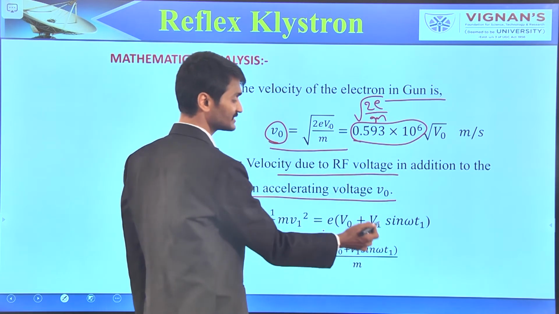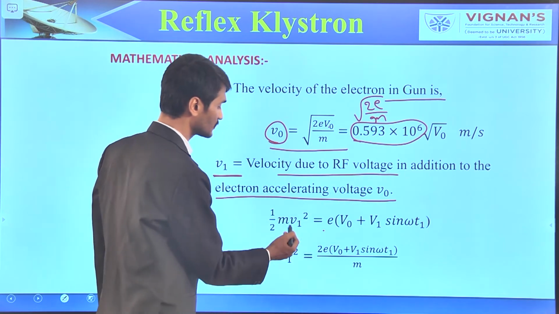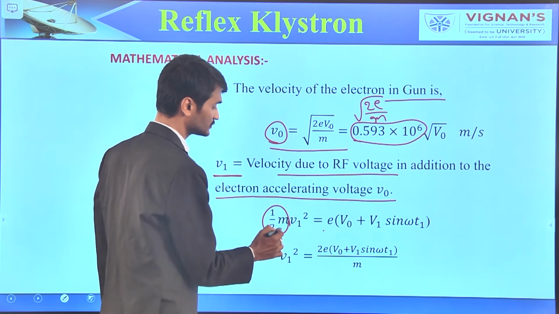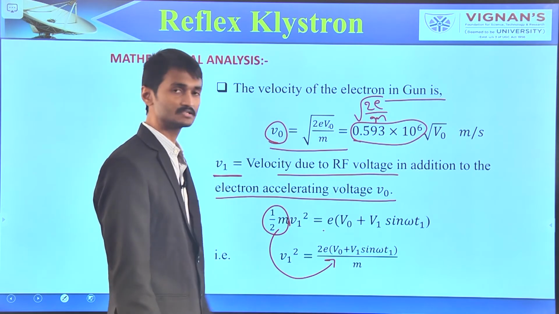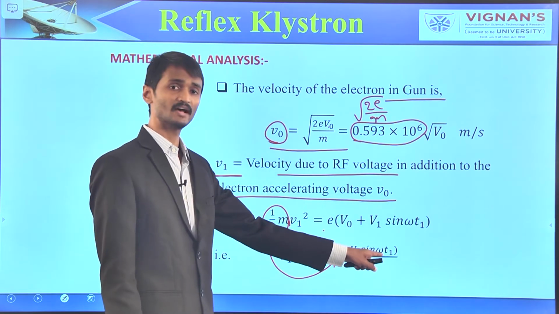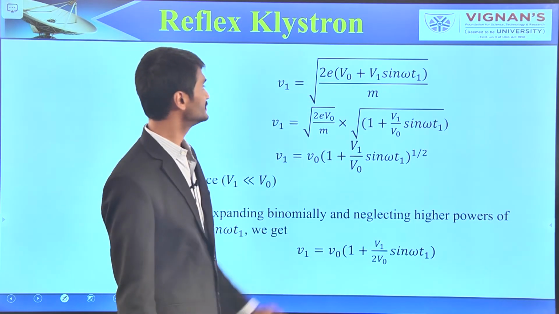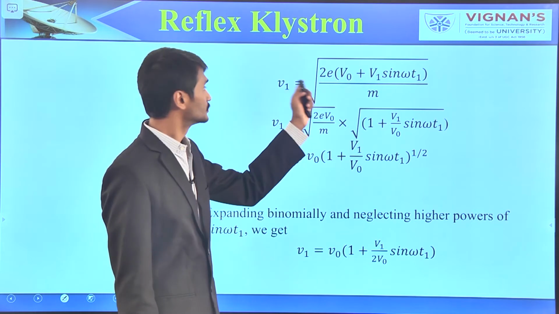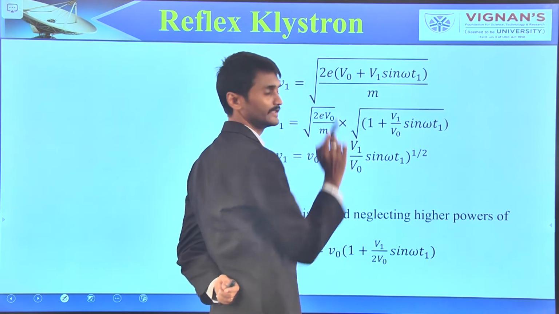From this, v1 squared is equal to 2e by m into V0 plus V1 sin omega t1. So v1 is equal to the square root of 2e times V0 plus V1 sin omega t1, by m.